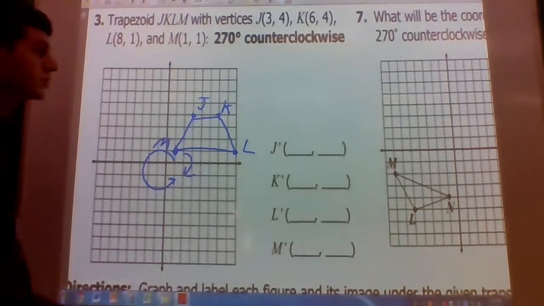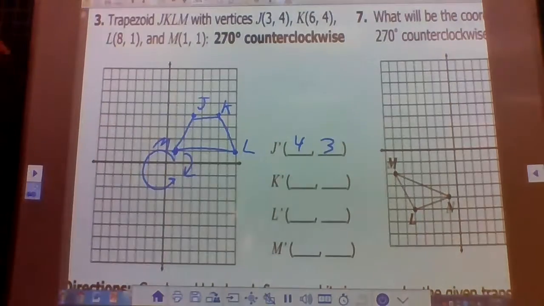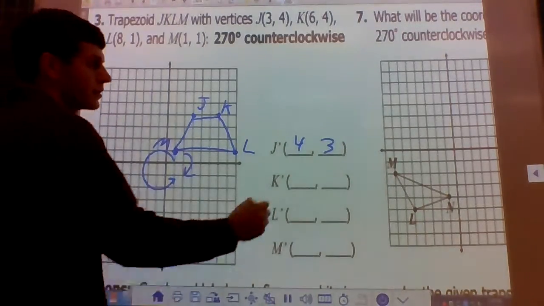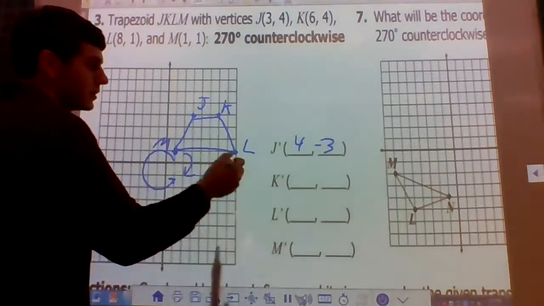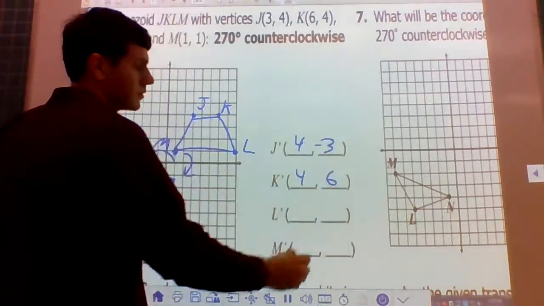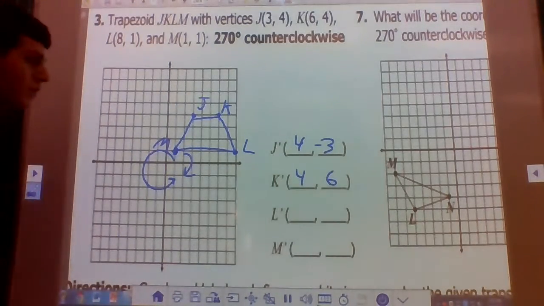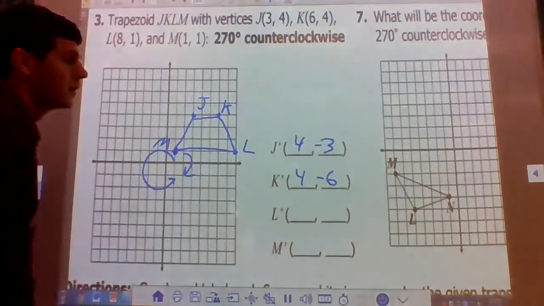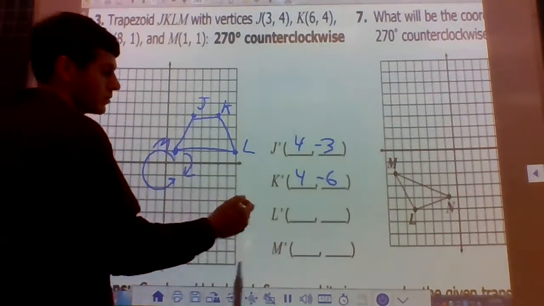So J is 3, 4, so step 1, switch the coordinates. Okay, we're going to end up in quadrant 4, so that's a positive x and a negative y. K, first step is switch the coordinates, so that becomes a 4 and a 6. And again, we're going to end up in quadrant 4, so that's a 4 and a negative 6. L prime, so L is 8, 1, so the first thing we want to do is switch them, so 1, 8.